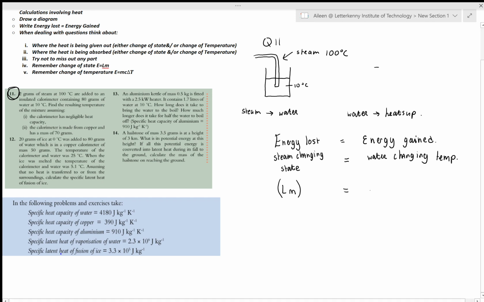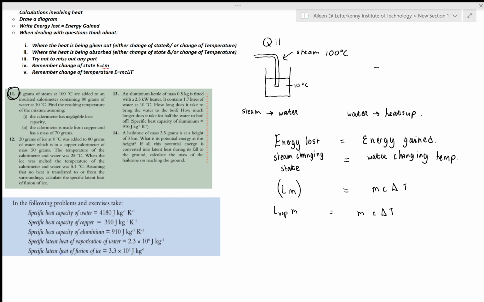So our water is gaining energy by mc delta T. Our latent heat is the latent heat of vaporization. This is because our steam is changing into water. Therefore, our steam is going from a gas to a liquid.